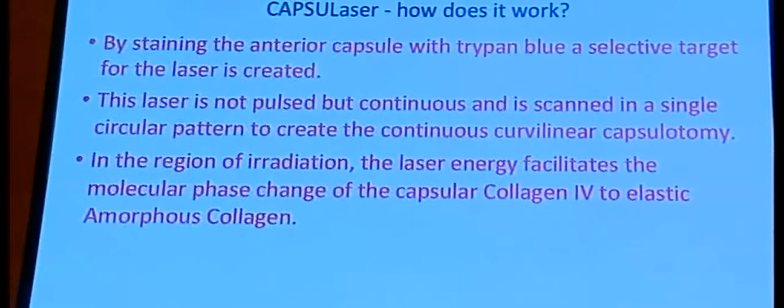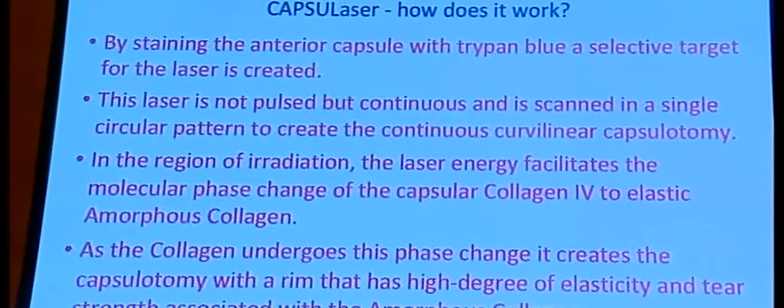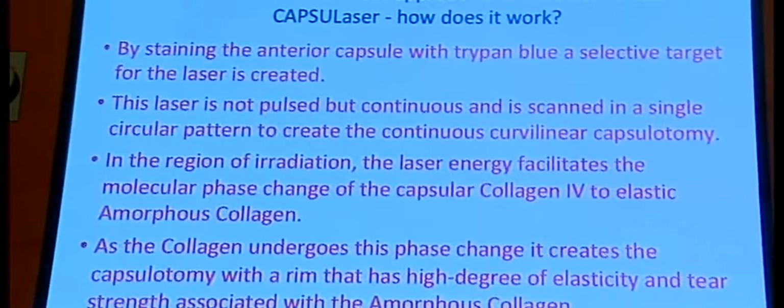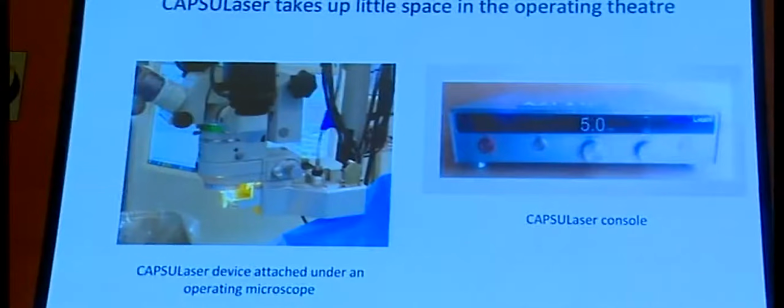As the collagen undergoes this phase change, it creates the capsulotomy with a rim that has a high degree of elasticity and tear strength associated with the amorphous collagen, which means that the strength of the capsulotomy is again as strong as you would see in a Zepto capsulotomy, maybe even stronger.